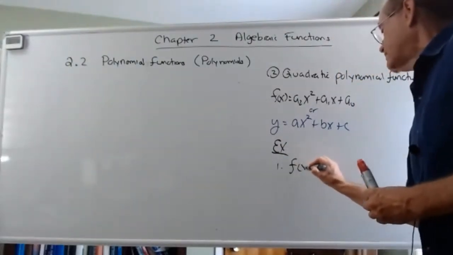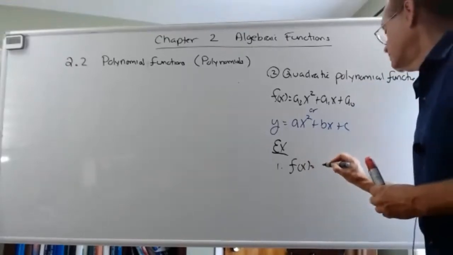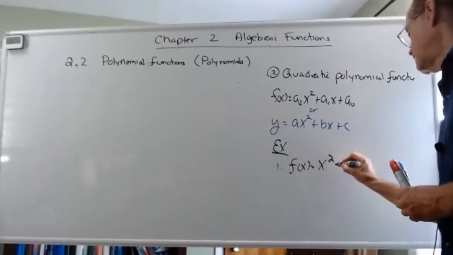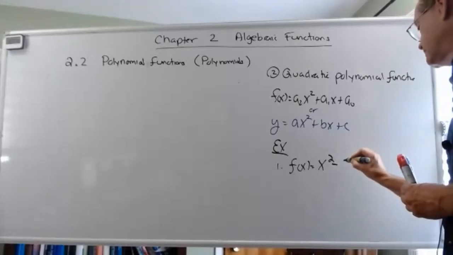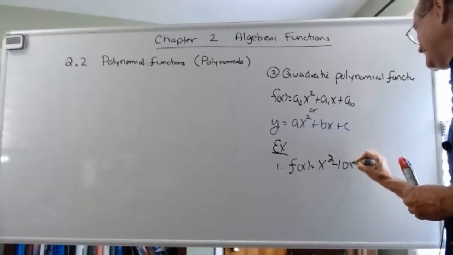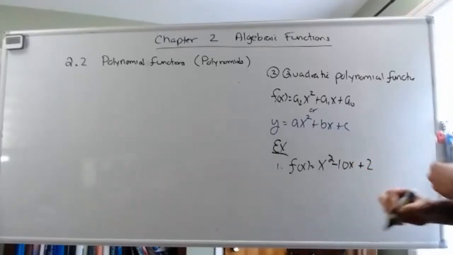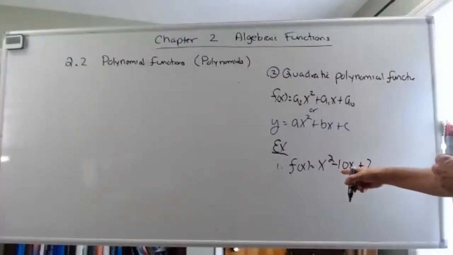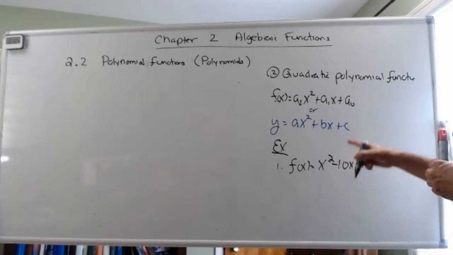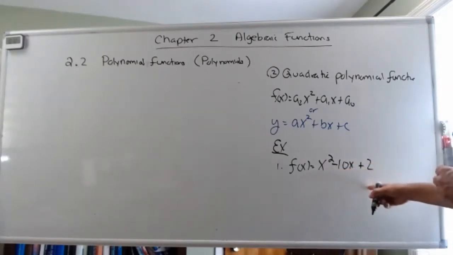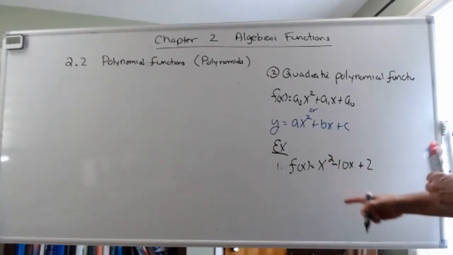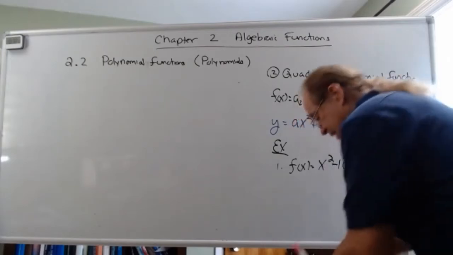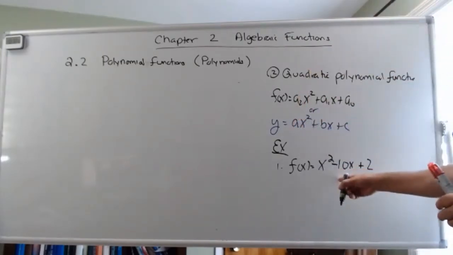So here's my f of x is equal to x squared minus 10x plus 2. Let's go to the graph of this. Now, I could put this into my calculator, but again, as I said, we're practicing completing the square. Let's kind of take a look at that.